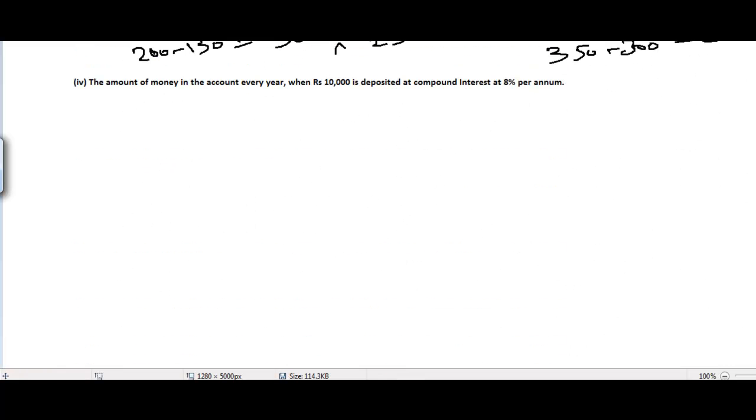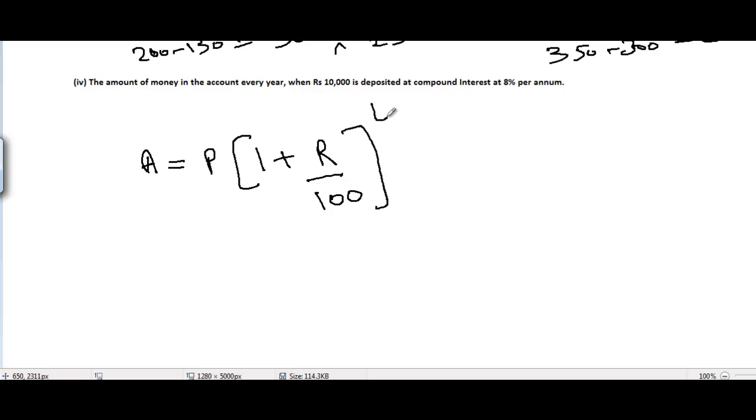Now coming to the last part of this problem, the amount of money in the account every year when rupees 10,000 is deposited at compound interest at 8% per annum. If you remember how we calculate the amount, the formula for amount is equal to principal times 1 plus rate of interest divided by 100, power t. T is the time.